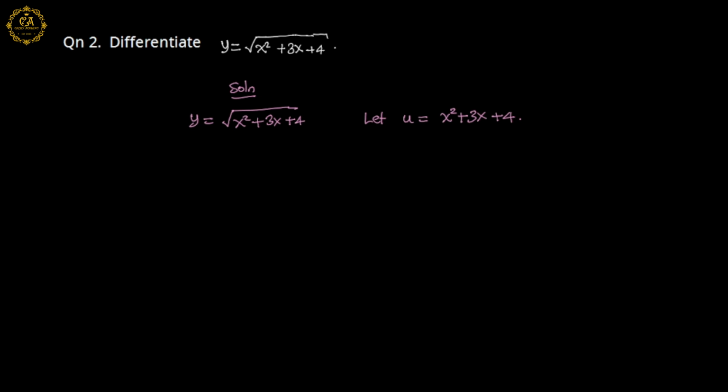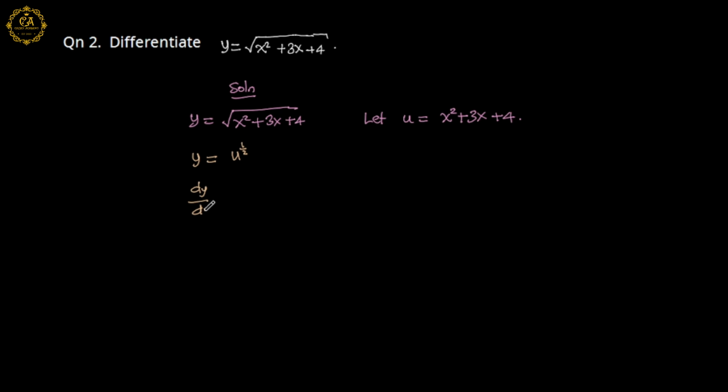And then we can replace u inside here, where we have a half as a power representing this root sign. Then we can simplify this by differentiating it.